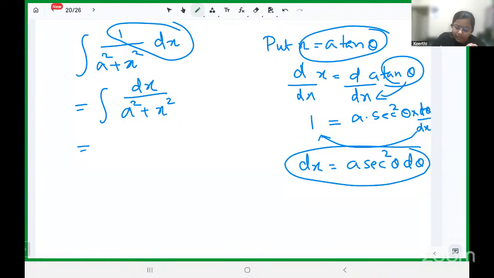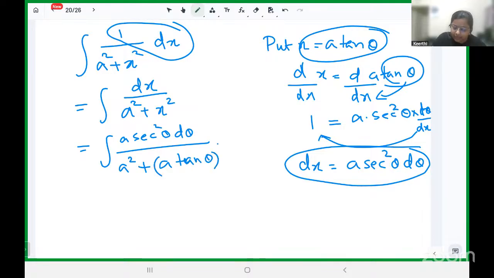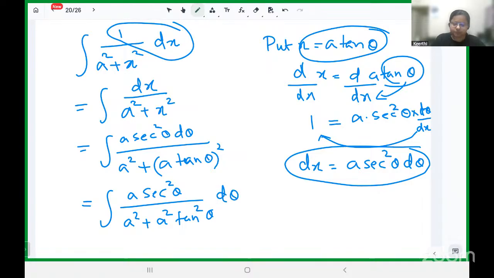So this will become the integral of a sec square theta d theta divided by a square plus, what is x? x is a tan theta, so a tan theta the whole square. So this is equal to the integral of a sec square theta divided by a square plus a square tan square theta, d theta.